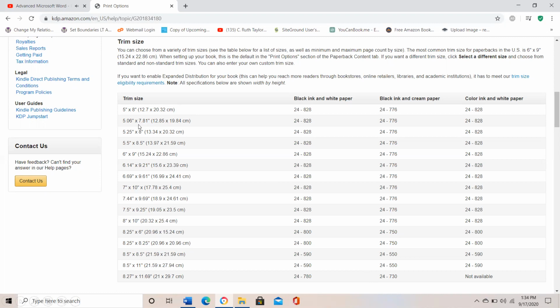So these are the different sizes, and you'd have to look on your shelf to see what the different sizes are. These are the available sizes, maybe about 13 of them, that you find on Amazon.